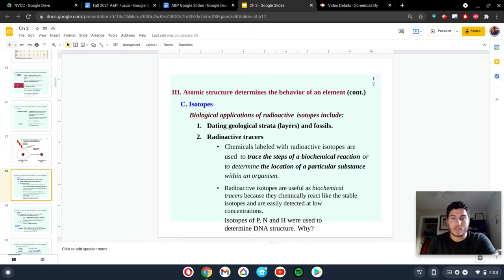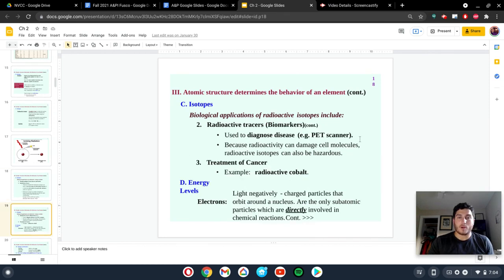So instead of having a yellow Lego block, I toss some highlighter on that and make it nice and bright yellow. I highlight it. What that does is it still binds and creates different chemicals, and we can find that in the body. So if I were to use something like this in the body, I can actually find that specific molecule somewhere else, because that one element is highlighted. It's a tracer molecule.